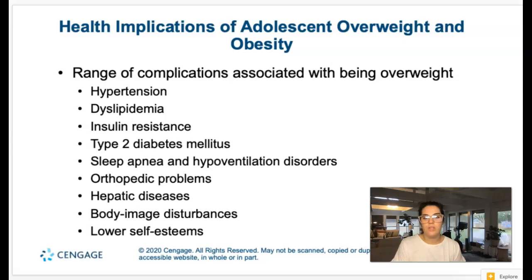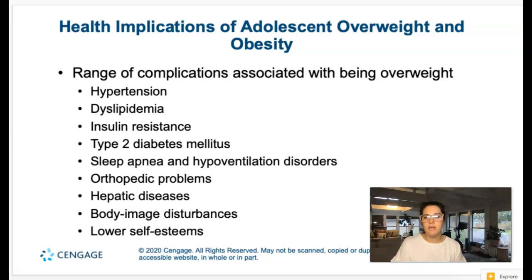These are issues with carbohydrate metabolism and can lead to elevated blood glucose levels, which can further degrade the quality of the blood vessels. That can make them more rigid and can lead to further complications with hypertension and dyslipidemia as well. On top of that, we may see some pulmonary issues, some orthopedic issues, issues with the liver.